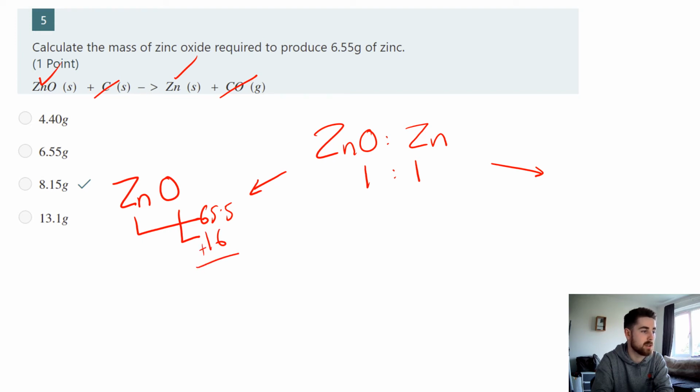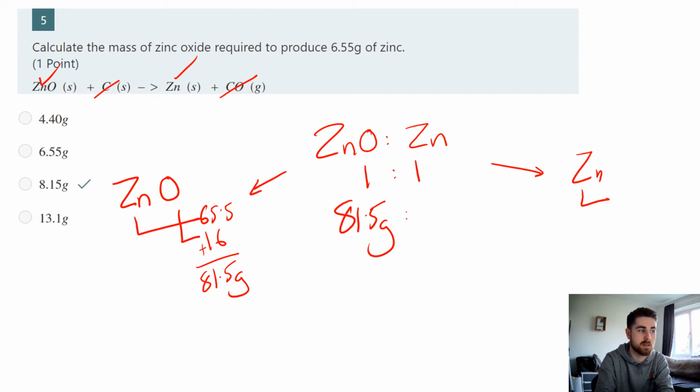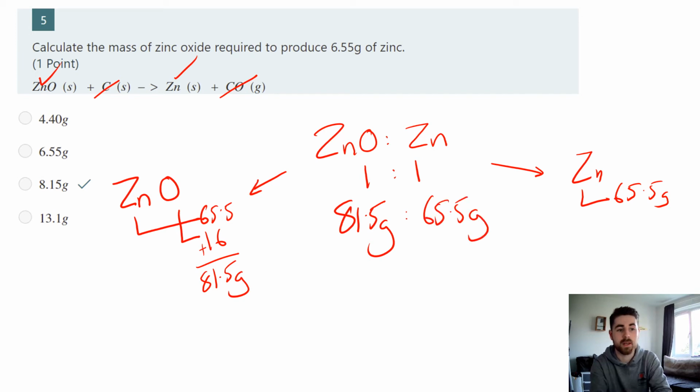If we add them together we get 81.5 grams. So the GFM of zinc oxide is 81.5 grams, and zinc we've established is 65.5 grams. So now we have the mass of 1 mole.